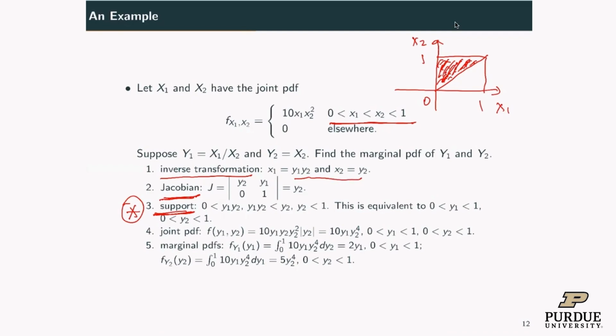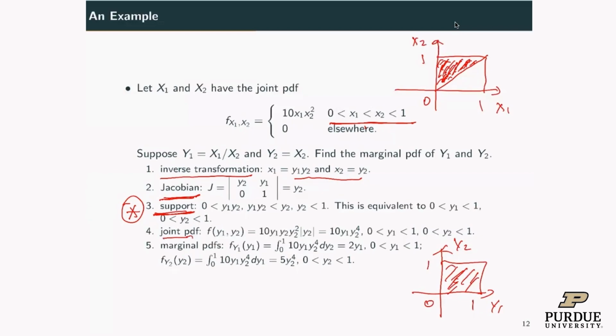For example, you get 0 less than Y1Y2, from 0 less than X1. X1 less than X2 gives Y1Y2 less than Y2, and Y2 less than 1. So from these inequalities, you will get Y1 between 0 and 1, Y2 between 0 and 1. So that's the support for Y1, Y2.